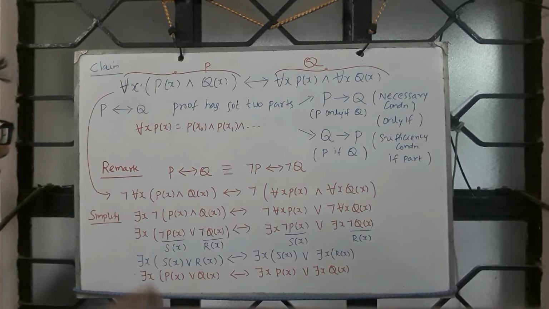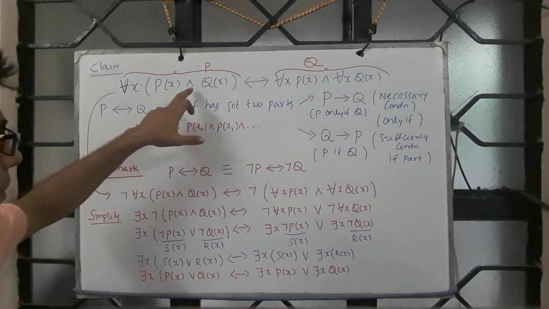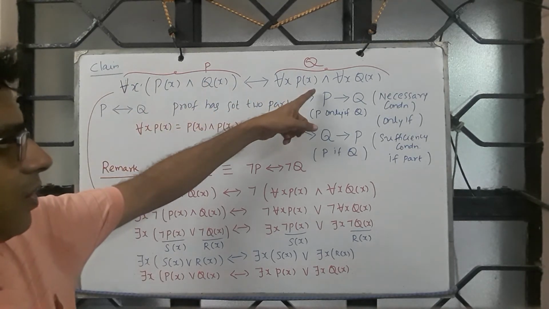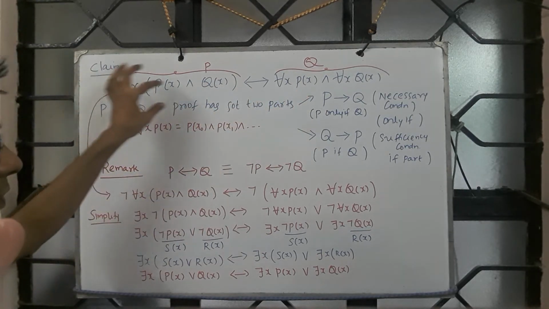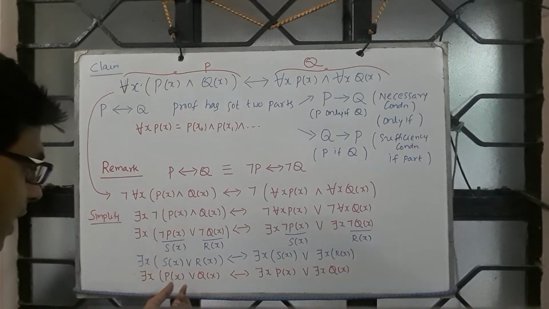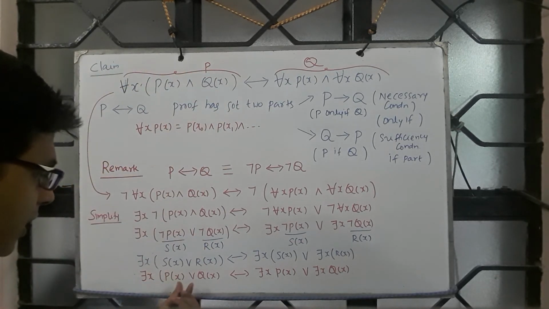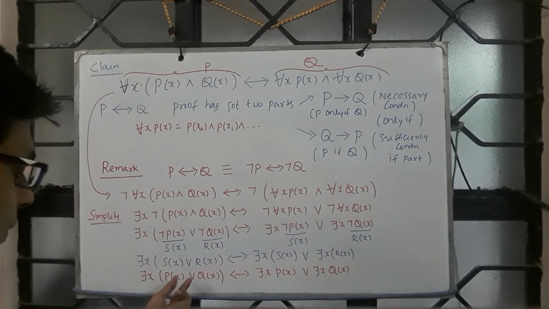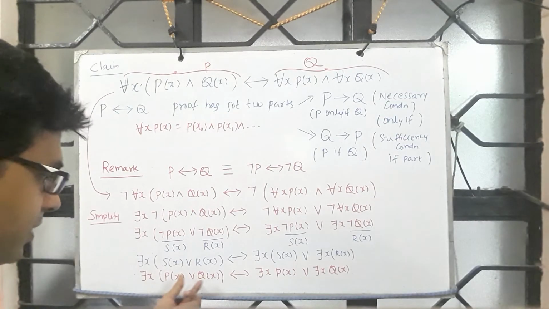So what is this telling you? With respect to and, you see that for all kind of distributes, for all goes inside. And with respect to or, there exists distributes.